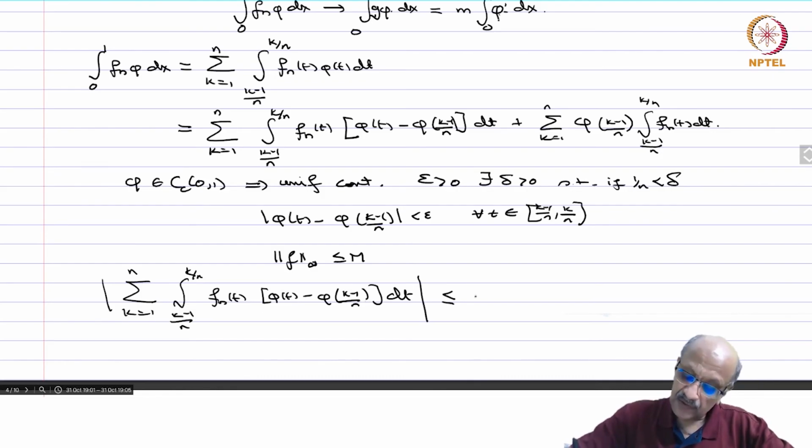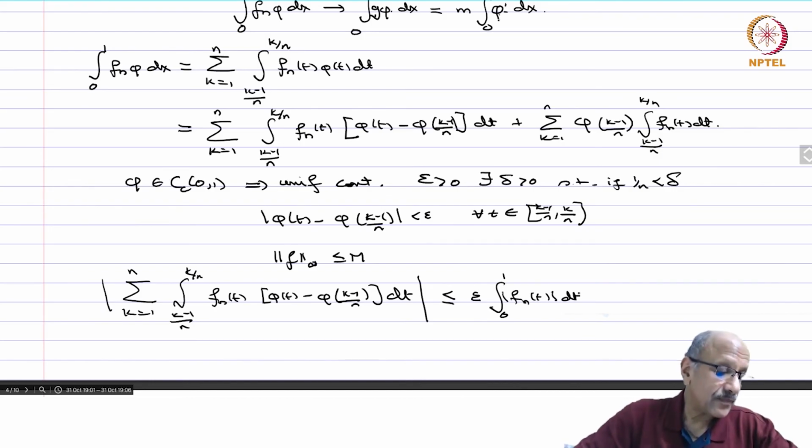When I take the modulus inside, this is less than epsilon times the sum of the integrals of |f_n| from (k-1)/n to k/n, and that's the integral from 0 to 1 of |f_n(t)| dt. But f_n is less than or equal to M because it is just f which is repeated and rescaled and repeated. So this is less than or equal to epsilon times M.